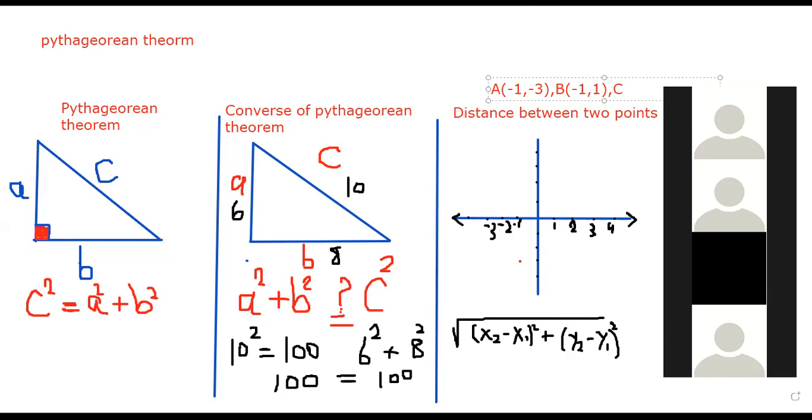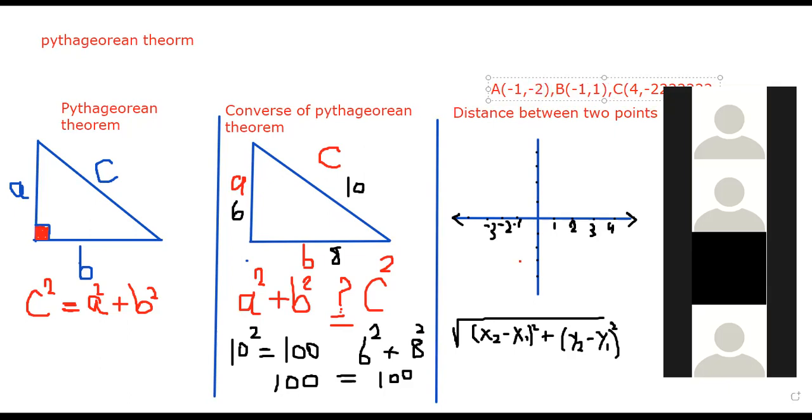C is (4, -2). And the first one is (-1, -2). I'm sorry, this one is (-1, -2).